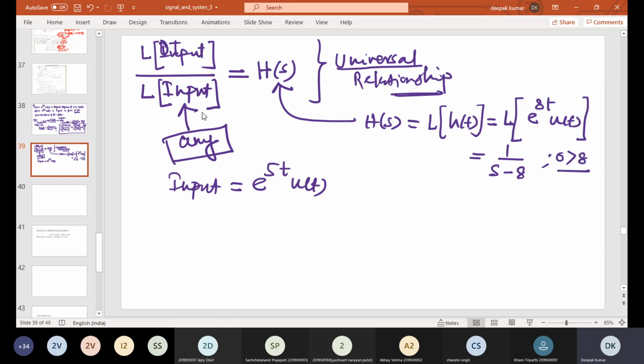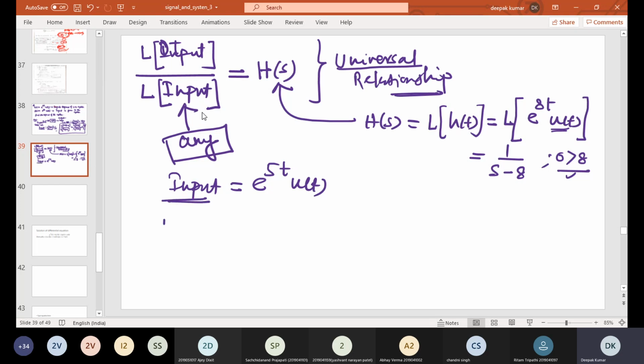Correct? Because this is a right-sided signal, kind of causal signal. So sigma greater than the location of the pole, this is the ROC. So H(s) is equal to 1 by s minus a.